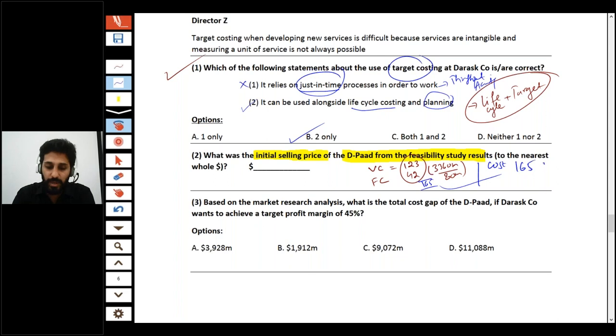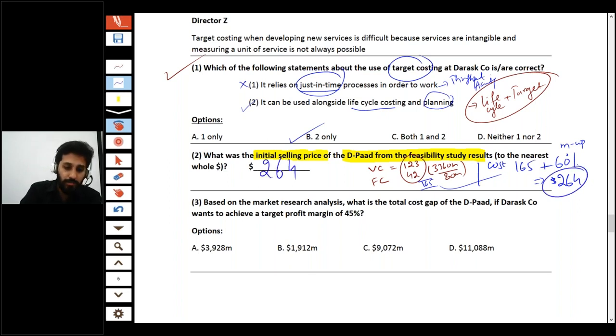Then you add a 60% profit markup, and that is $264. So 264 is my answer, the initial selling price I need to quote. This is my simple answer, so you will be writing 264 in your blank.